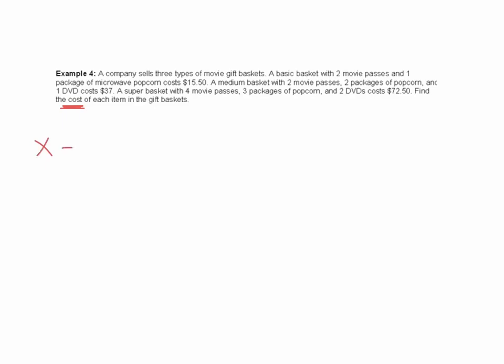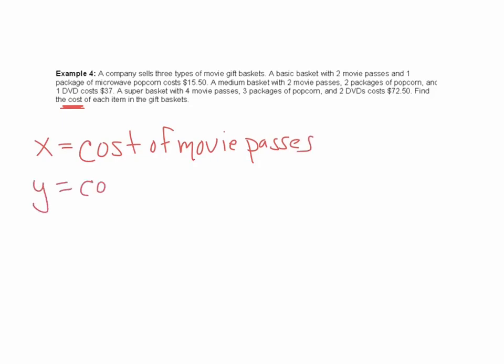So I'll call X the cost of my movie passes. That was the first item I saw. I'm going to call Y the cost of my popcorn. And I'm going to call Z the cost of the DVDs.